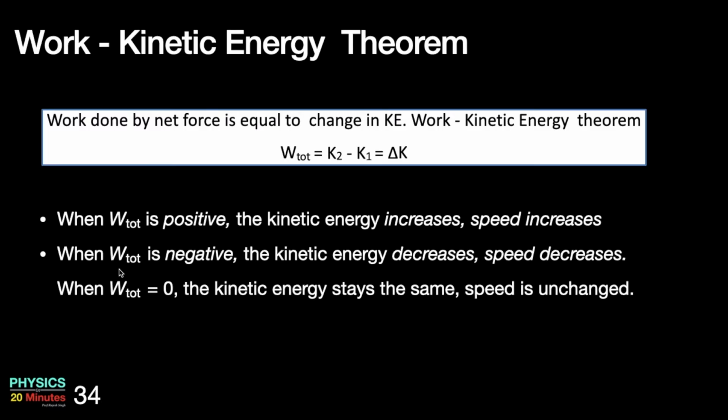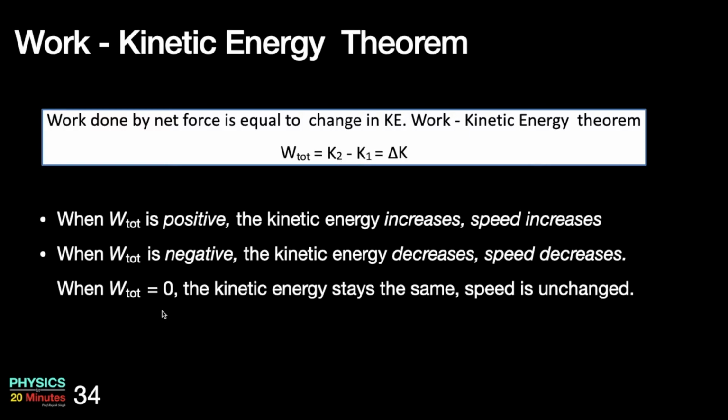Similarly, when W total is negative, the kinetic energy decreases, speed decreases. That means in this case, K1 has to be greater than K2, so the final kinetic energy is less, which shows speed is decreasing. Example, when you apply brakes to a car, its speed decreases and the total work done is negative.